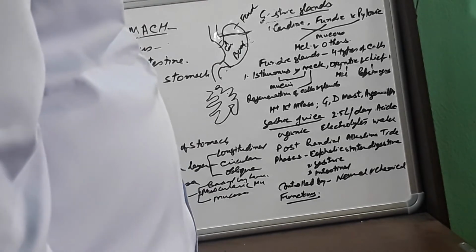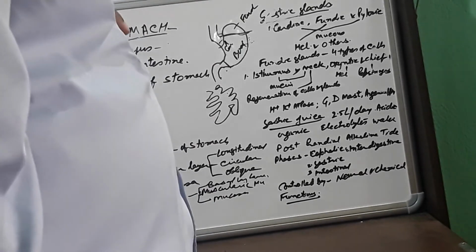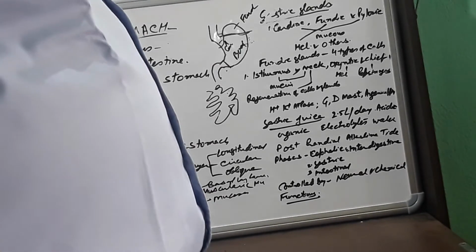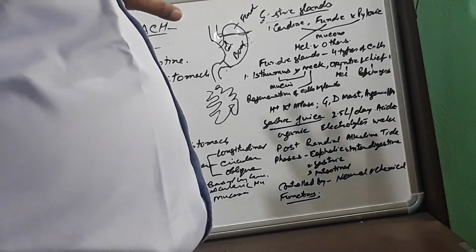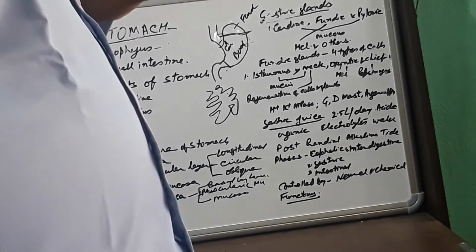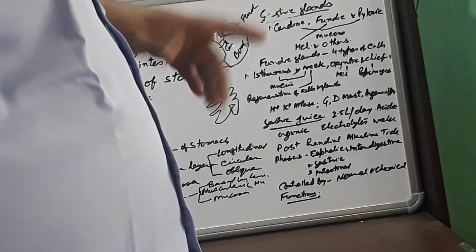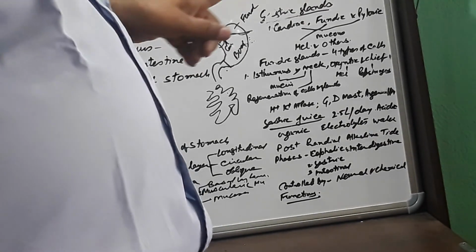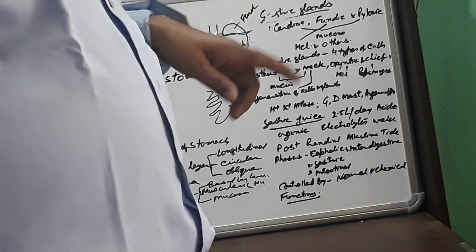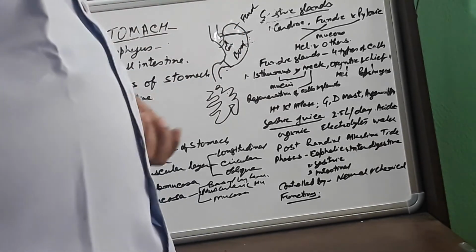This is all about the stomach in short. This is an oversimplification of gastric juice or gastric secretion. We will learn about HCl secretion in detail in the next class. Thank you.